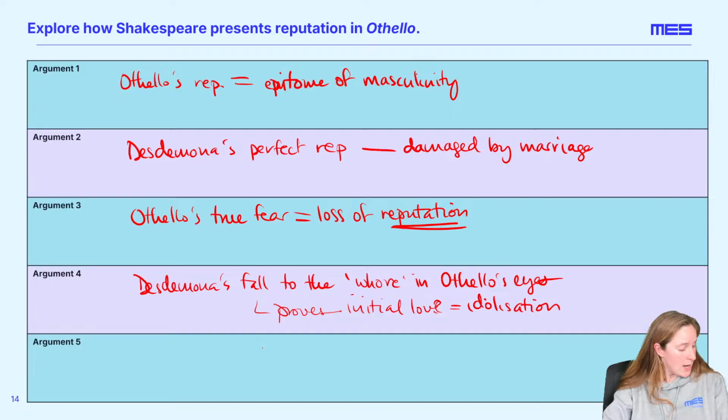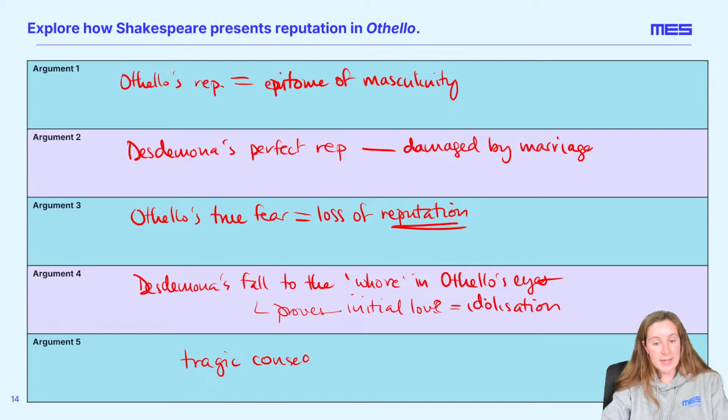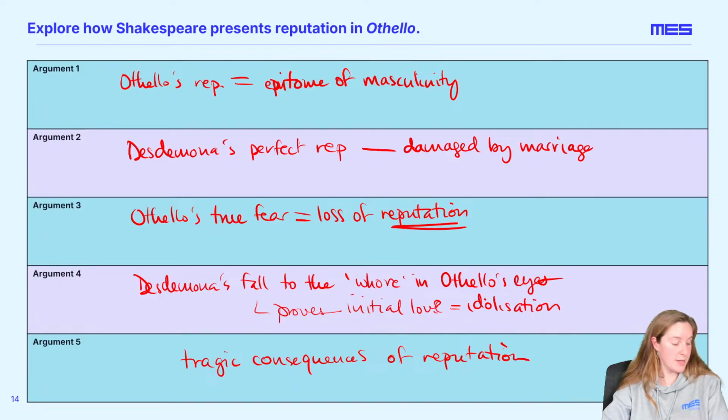And then the tragic consequences of reputation. So looking at Othello's final speech, looking at Desdemona's murder, looking at Othello becoming a monster in order to preserve his reputation.